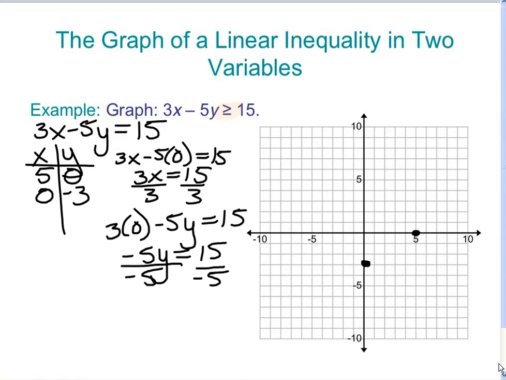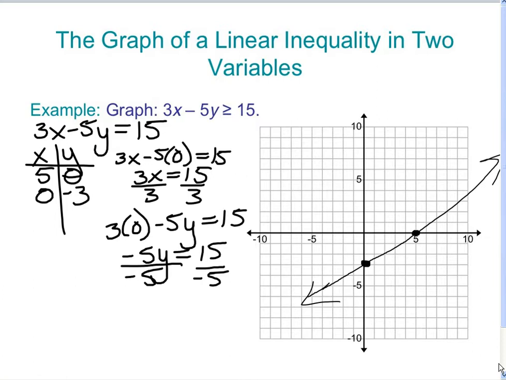Since it's greater than or equal to, the equal to portion, this line down here, tells us we need a solid line. So you're going to connect those dots with a solid line. Now if this were an equation, you'd be done, but it is not. It's an inequality.